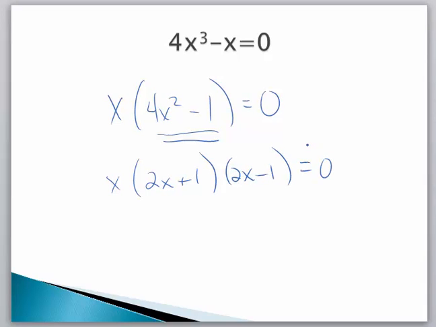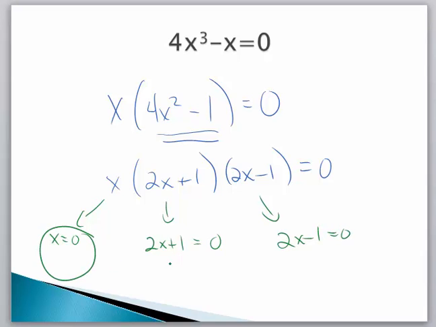Use my zero product rule, which means I set each factor, even that little guy, to 0. And I solve each of these three equations. This one I don't need to solve.